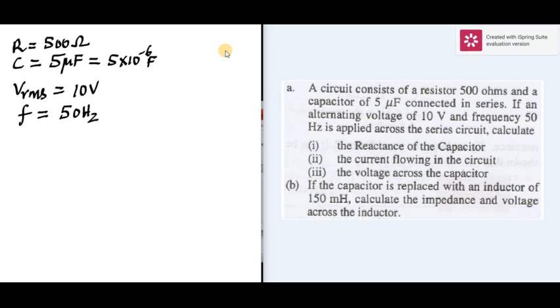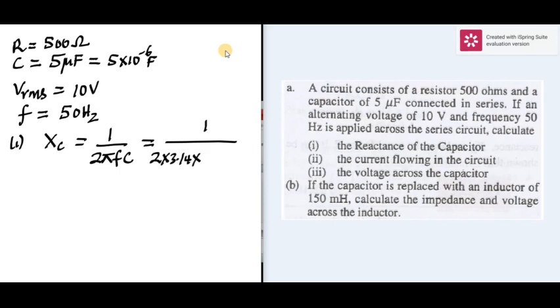The reactance of the capacitor can be obtained from the expression Xc is 1 all over 2 pi times frequency times the capacitance, and we can substitute the values. 2 pi being taken as 3.14, frequency is 50, the capacitance of the capacitor is 5 times 10 raised to the power minus 6.